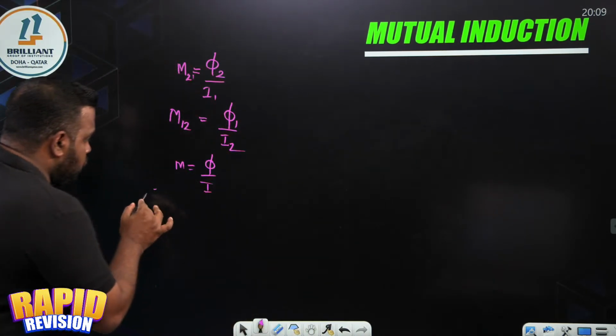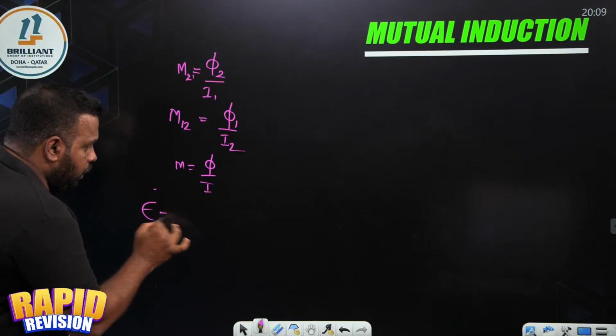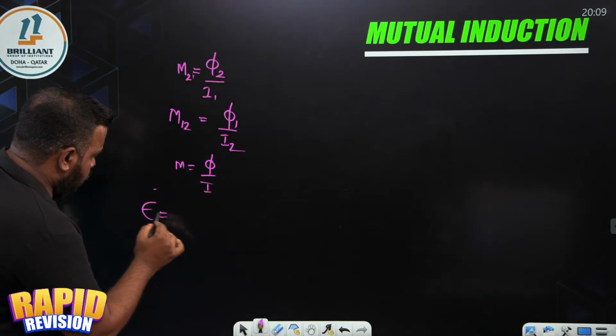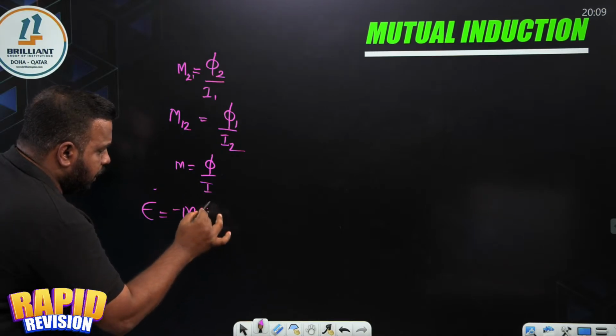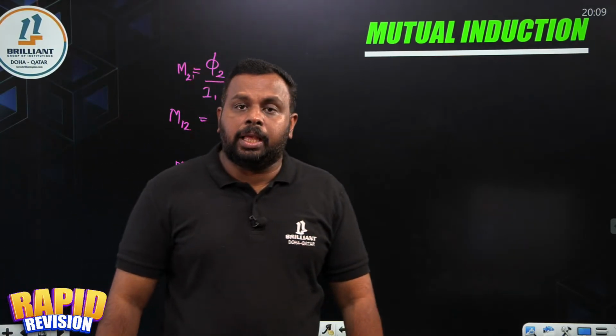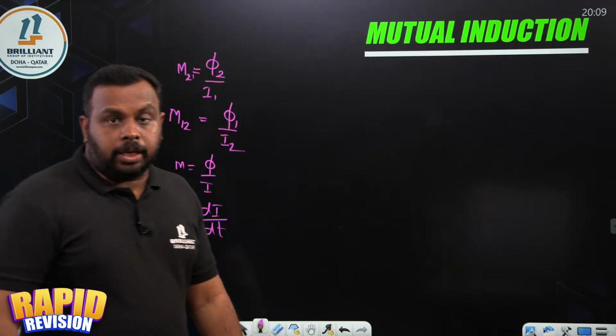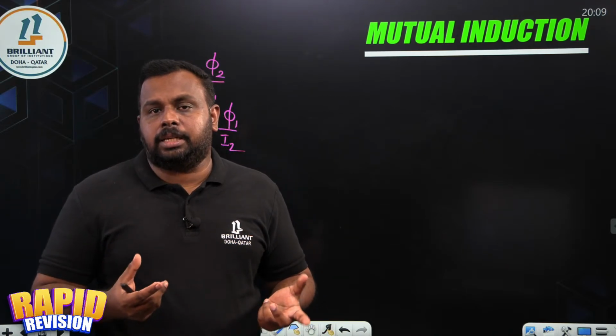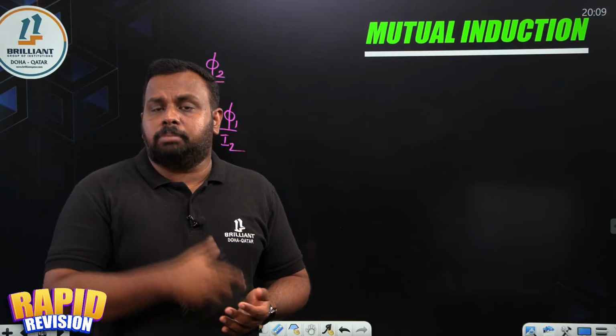Okay, right. So EMF is equal to minus M into di by dt. In self-inductance the formula was L into di by dt. Here we have M into di by dt. Then what is the formula for the mutual inductance? That depends on the nature of the coil, number of turns of the coil.